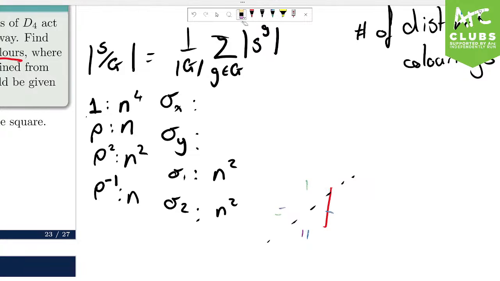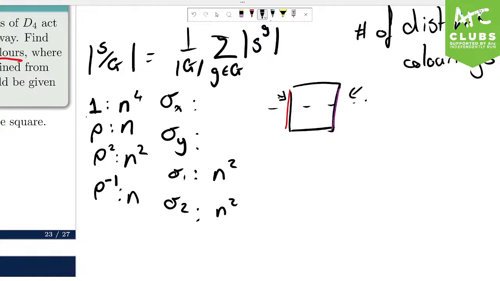And now reflections along the edges are the interesting part. If we reflect along this edge, these two sides get fixed, so they can be anything they want, but these two get swapped, so they have to be the same color. So there are 3 places to color in, so these will be n cubed.